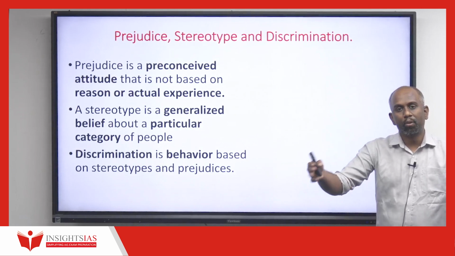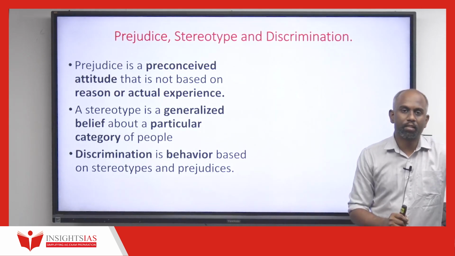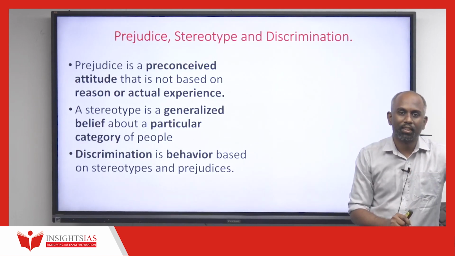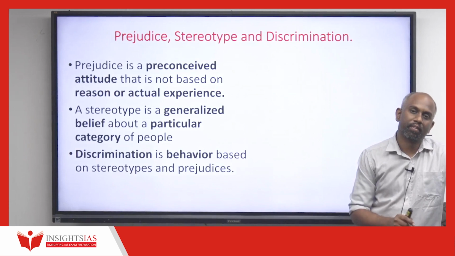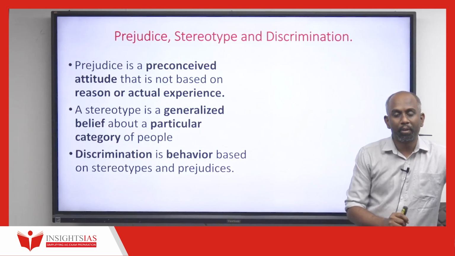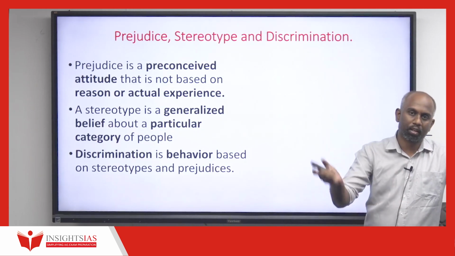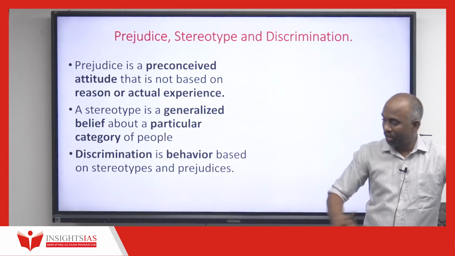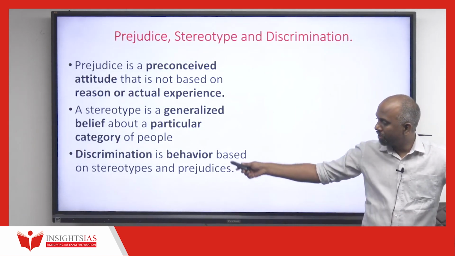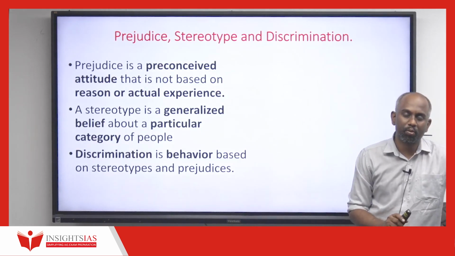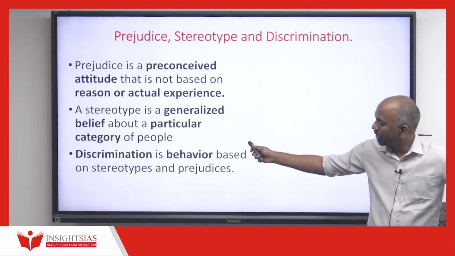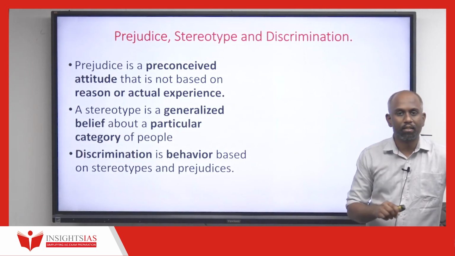When you try to put the blame for an accident on a woman, even though she has done nothing wrong, you are acting on stereotypes. If you are preventing a person from getting a job because he or she is from a particular community or caste, then you are acting on your prejudice. Whenever you act on stereotypes or prejudice, more or less it leads to discrimination. Always remember this: prejudice, stereotype, and finally discrimination.